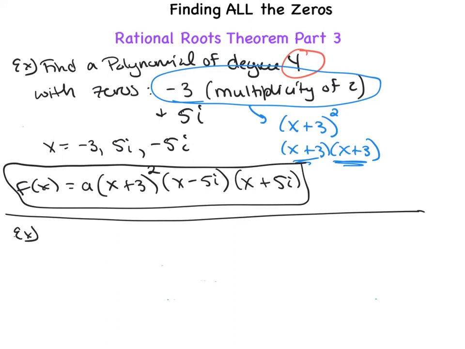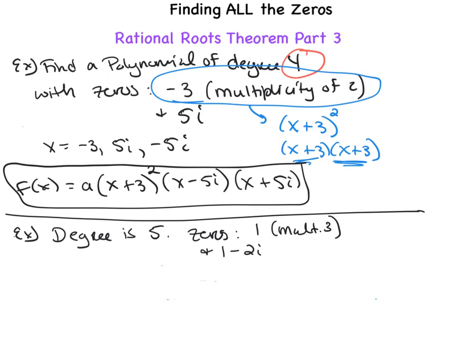Same question. I want to tell you that the degree is 5 and that the zeros are x equals 1 with a multiplicity 3 and 1 minus 2i.